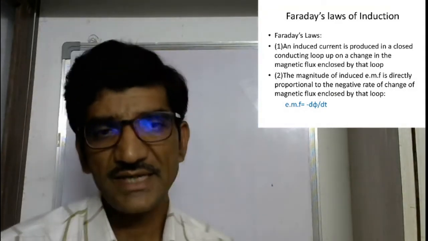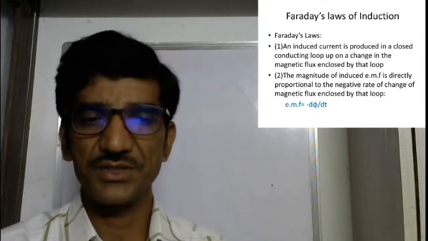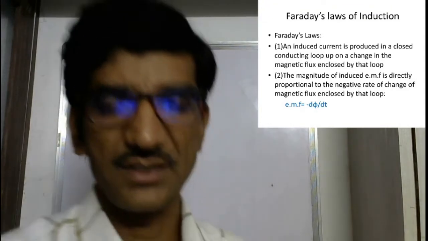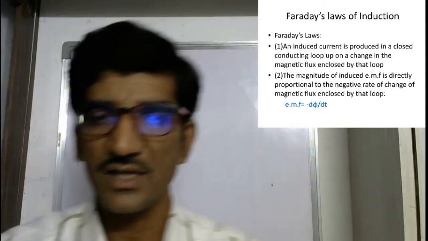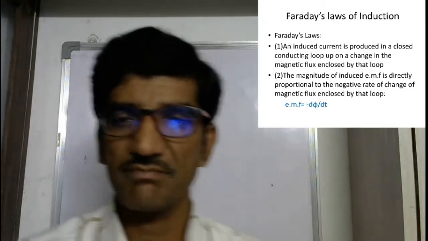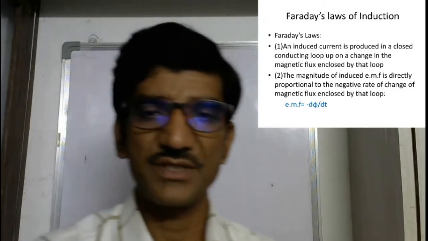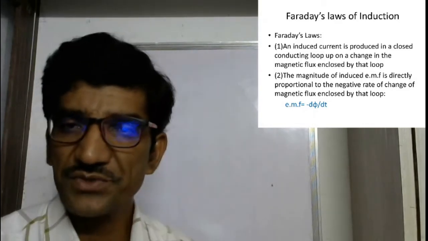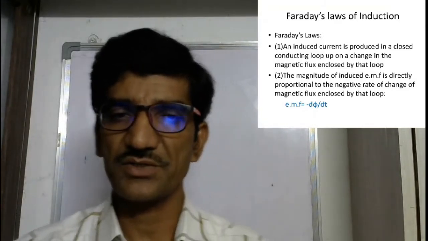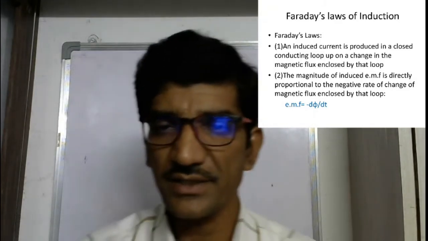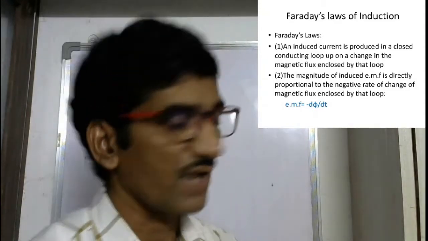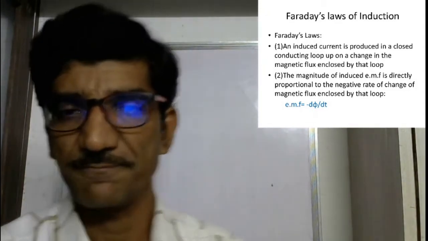Next, the second one gives you the details of this induced EMF, the second part of this law. What is that law? The magnitude of induced EMF is directly proportional to the negative rate of change of the magnetic flux enclosed by that loop.